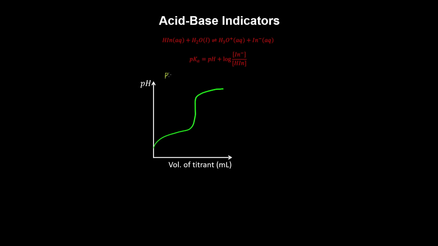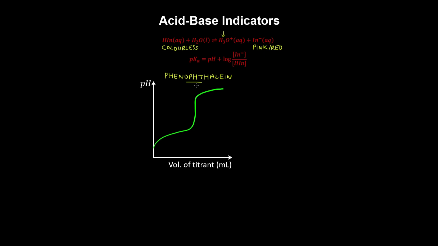A typical example is phenolphthalein, which is colorless in a protonated form, and the color changes slowly to pink-red when the solution becomes less acidic, so the concentration of hydronium drops.